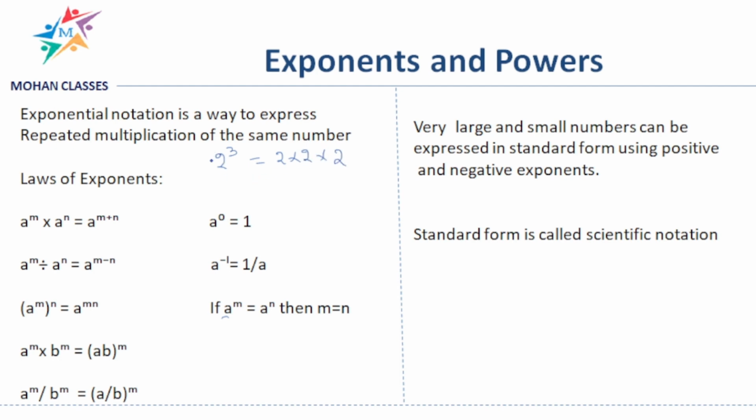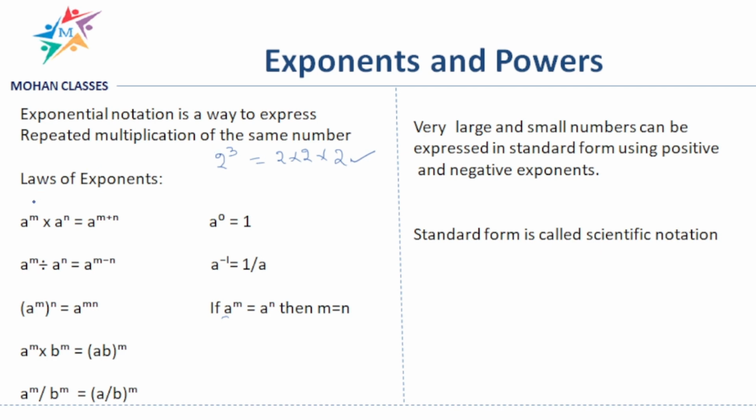So the 2 is repeated as per the power, 3 times. The same number is repeatedly multiplied. That is the meaning of exponential notation: a way to express the repeated multiplication of the same number.